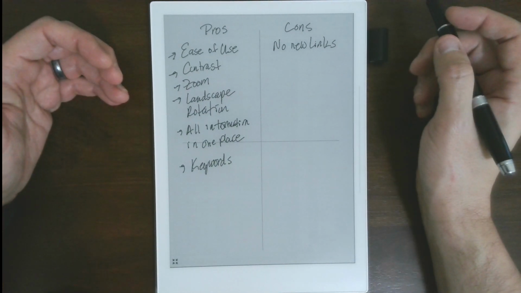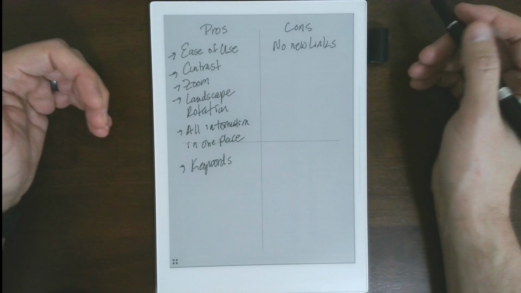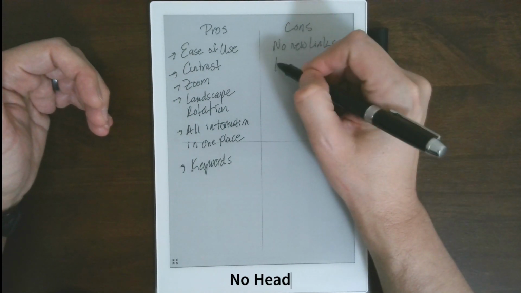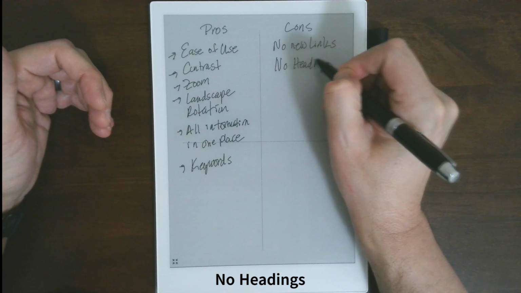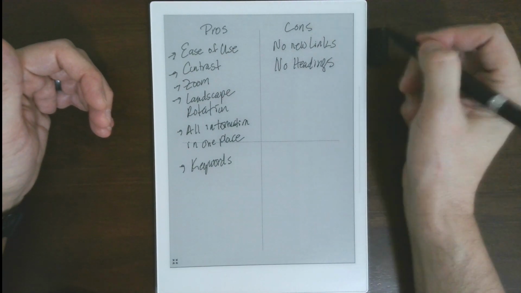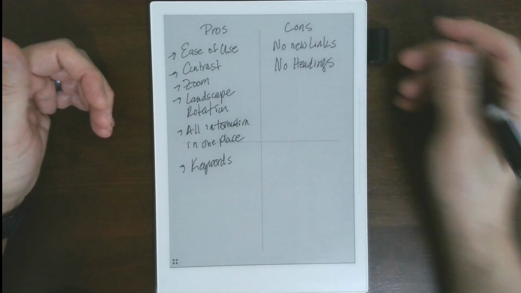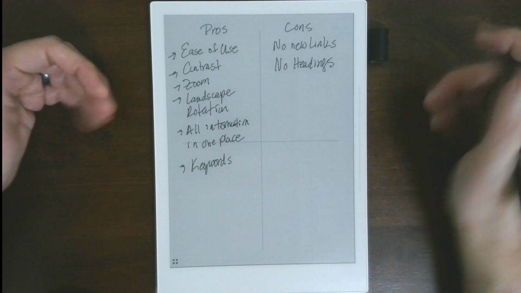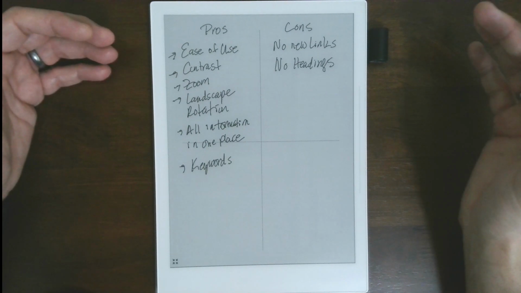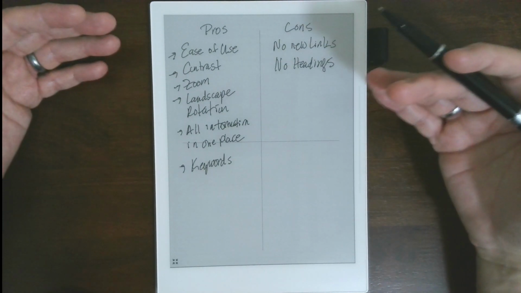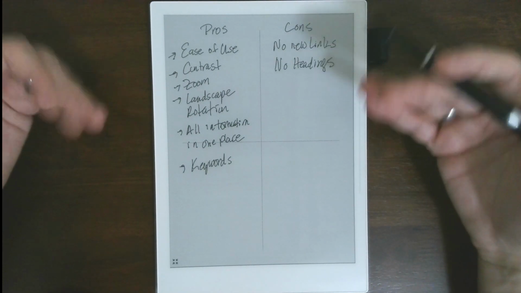Another thing you can't do is make use of the headings. You can't do headings in Supernote. The headings feature is very nice. You can lasso and then you can turn something into a heading, and then it creates kind of a table of contents that you can go about using.